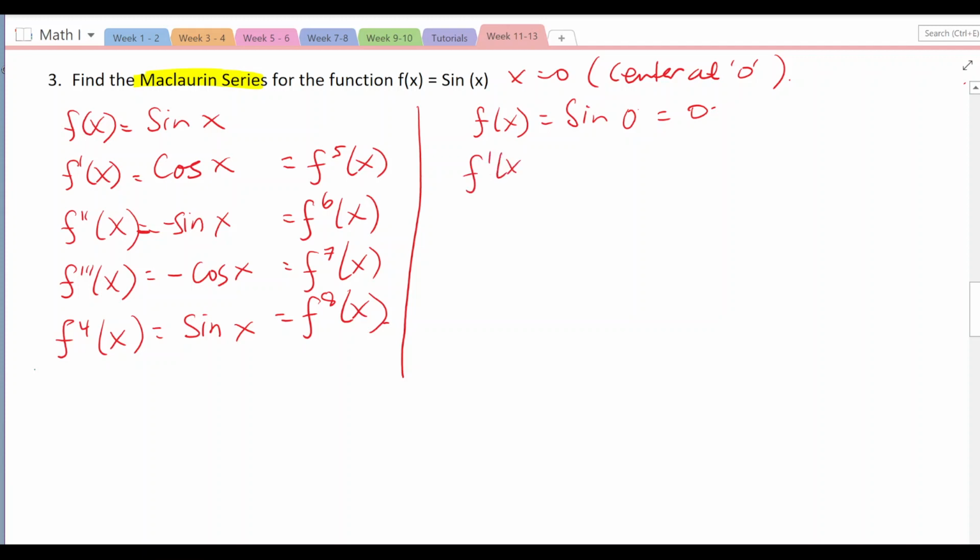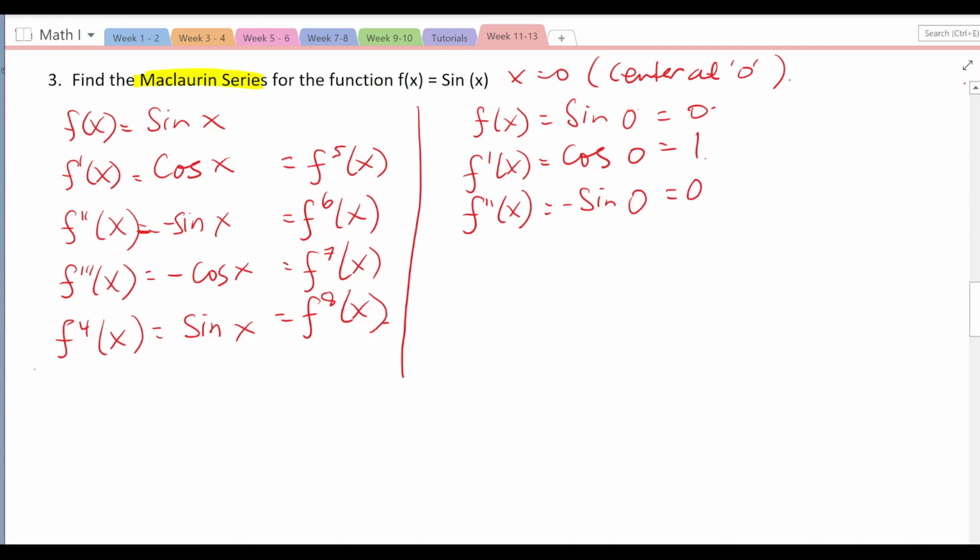And then for the first derivative, cos 0 equals 1. For the second derivative, negative sine 0 will still be 0.